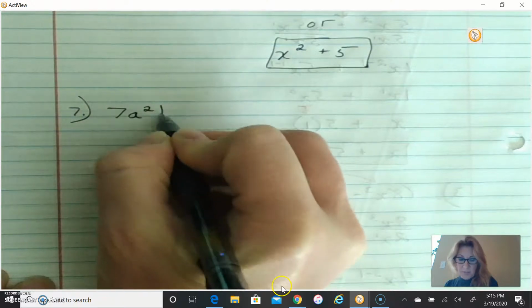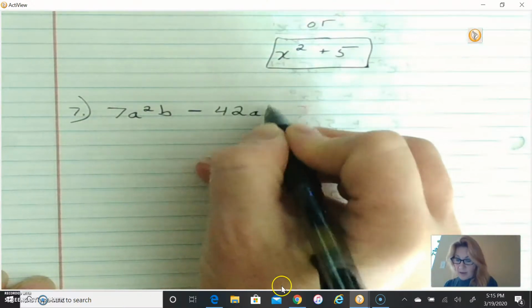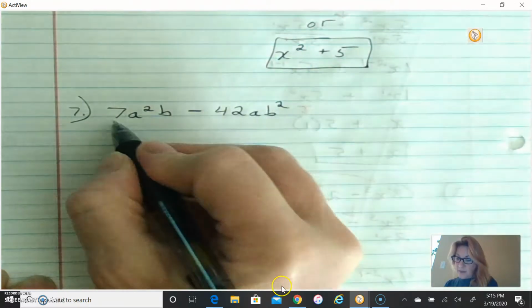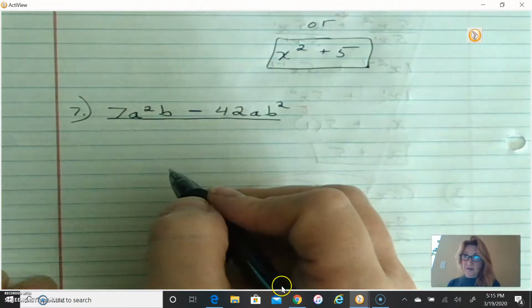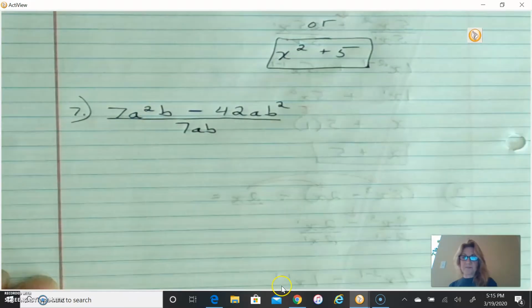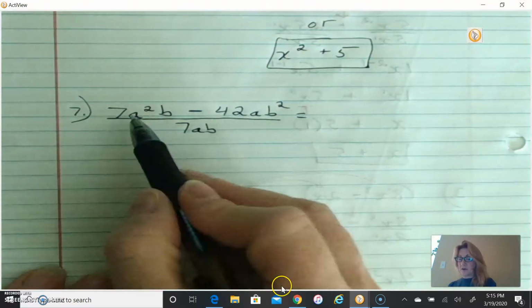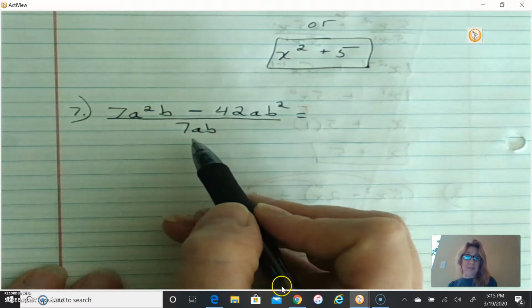7a squared b minus 42ab squared, all divided by 7ab. Okay, just like number 5, I'm going to rewrite it because this whole thing's being divided by 7ab.